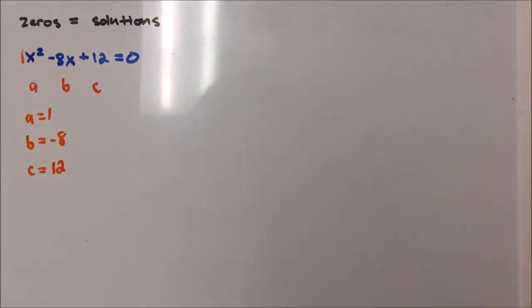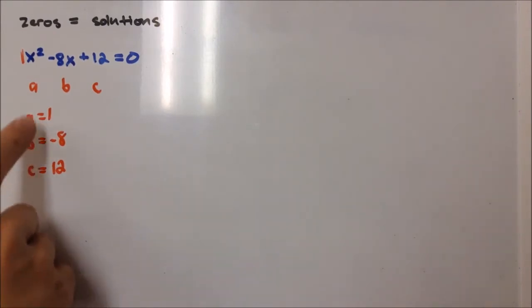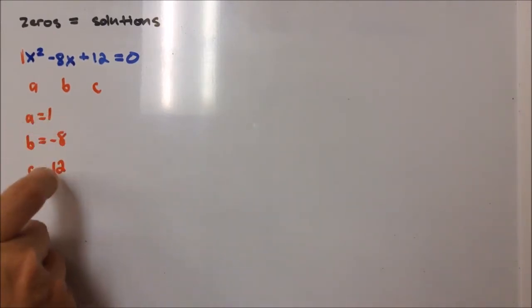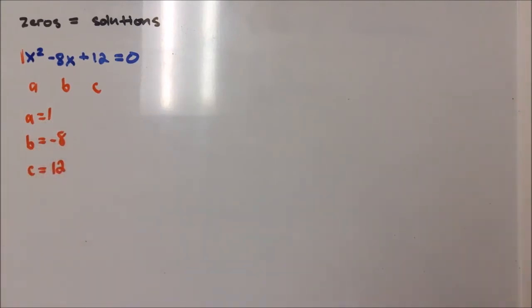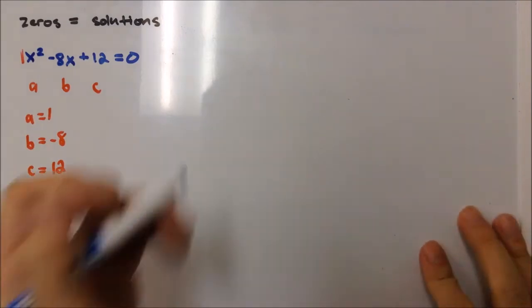Alright, so from our ABC values, again, it's only numbers, no x's. Since A is 1, we're going to fill out that chart again.